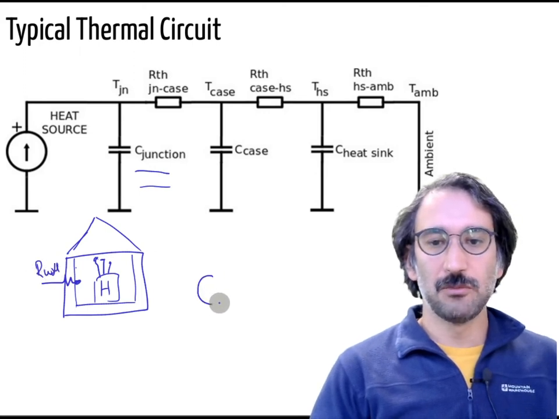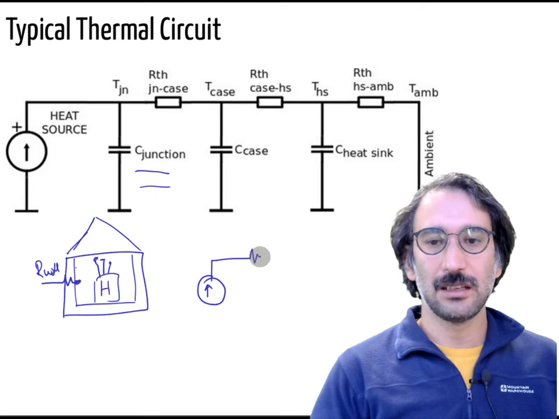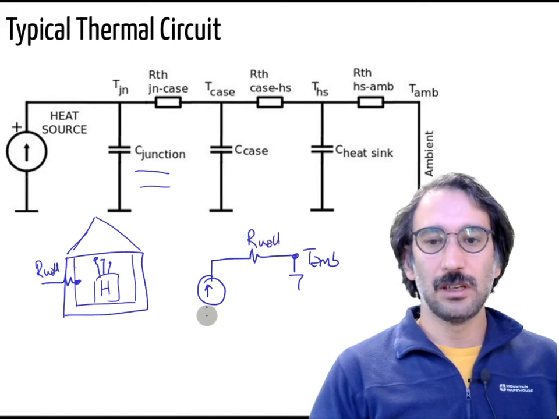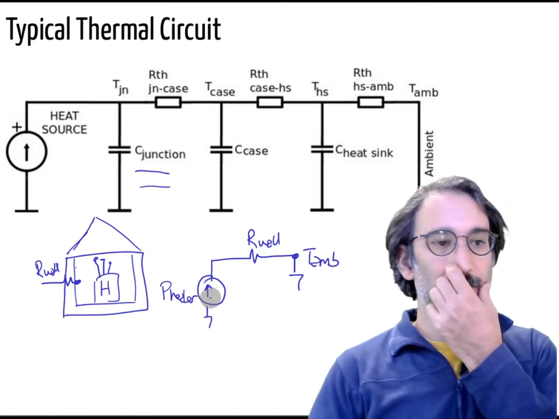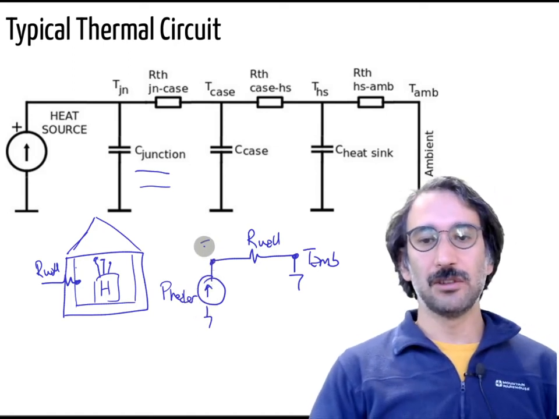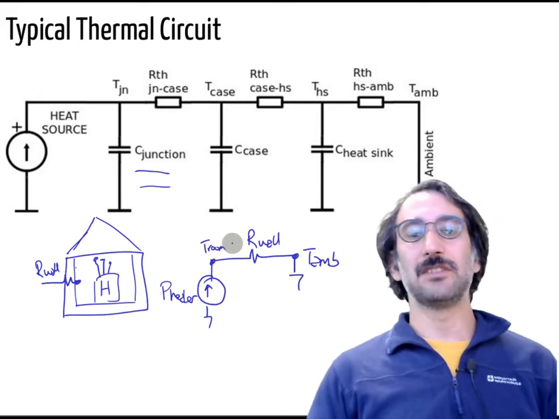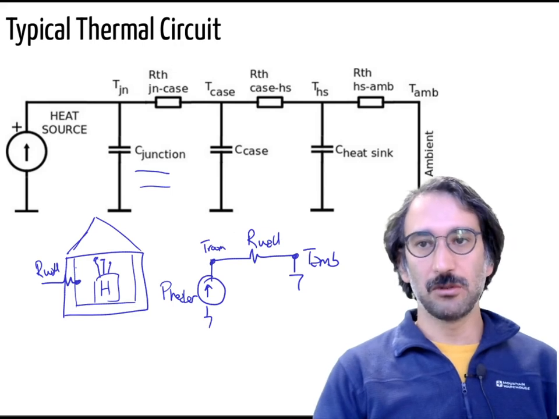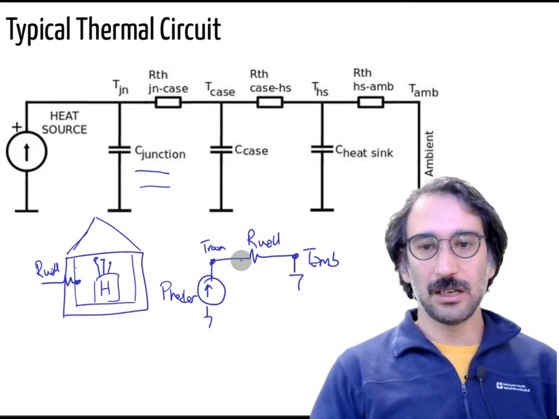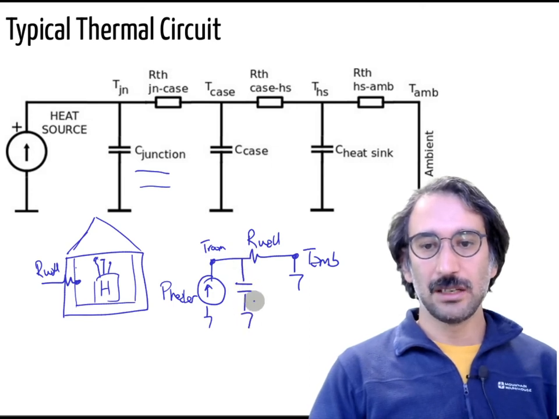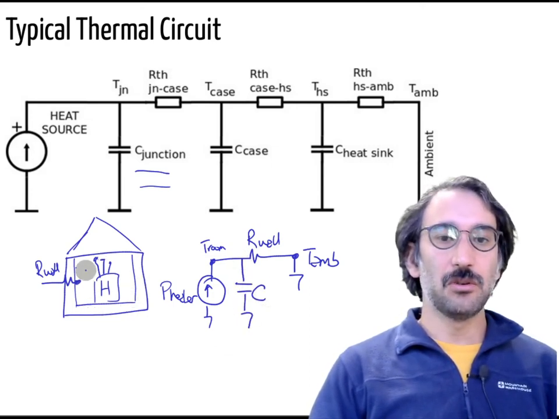If you model that, here is T ambient, this is R wall and this is P heater. Once you turn on the heater, you expect your room temperature will be 25 degrees immediately. But of course, you know that is not the case. Why? Because you have not only the resistance, but you have the heat capacitance of all the materials.